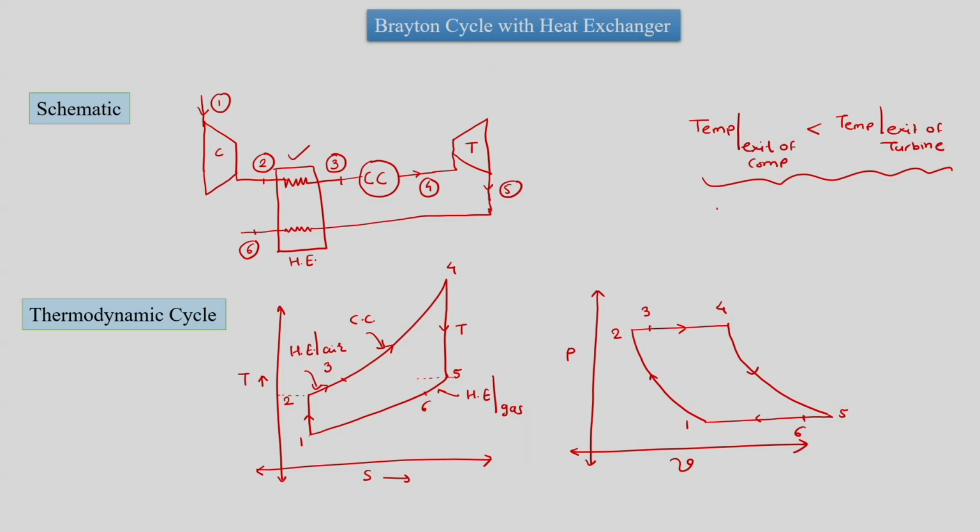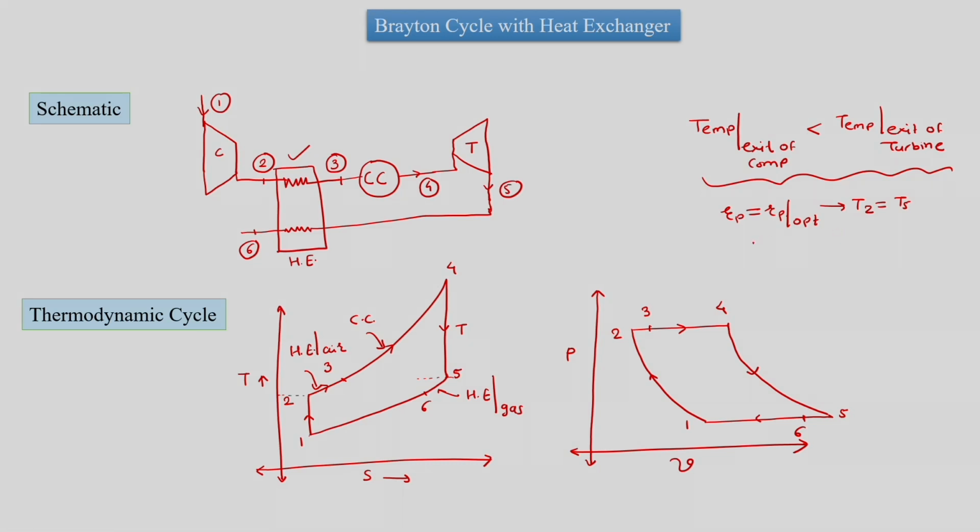Practically, we have seen that when we work at the optimum pressure ratio, T2 is equal to T5 as per this diagram.